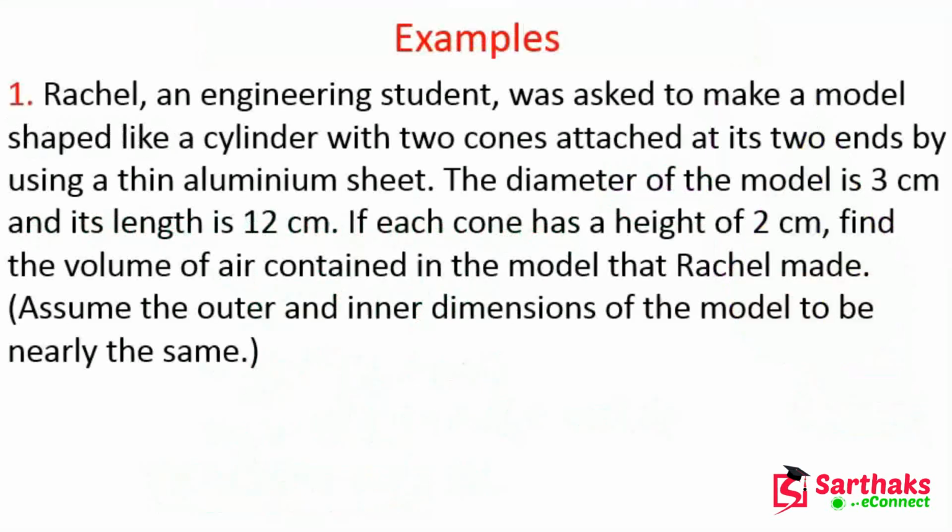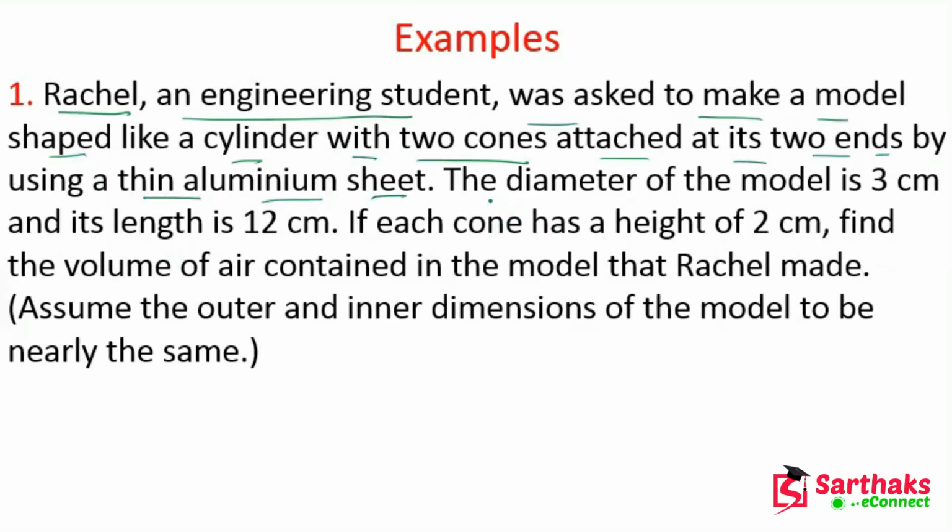Question number 1 is: Rachel, an engineering student, was asked to make a model shaped like a cylinder with two cones attached at its two ends by using a thin aluminum sheet.